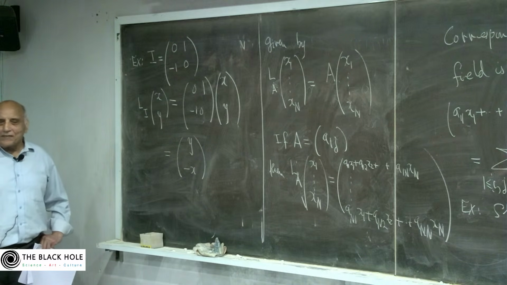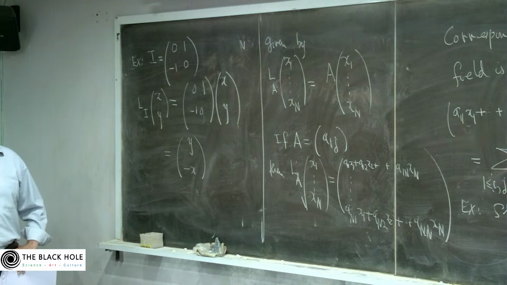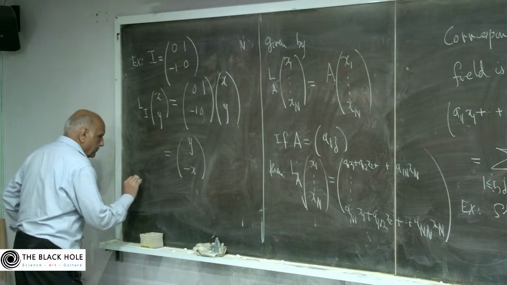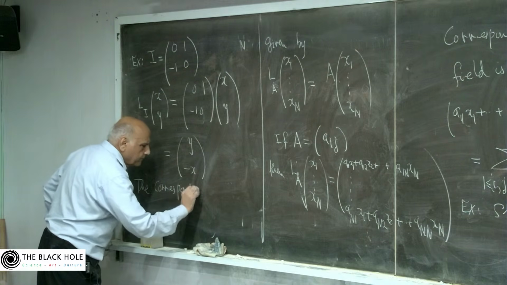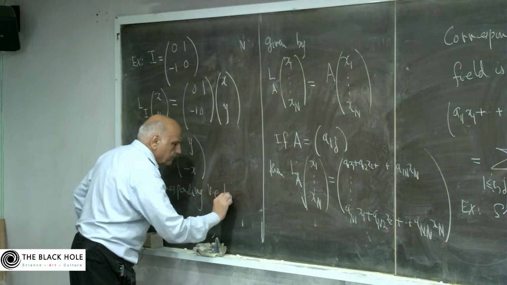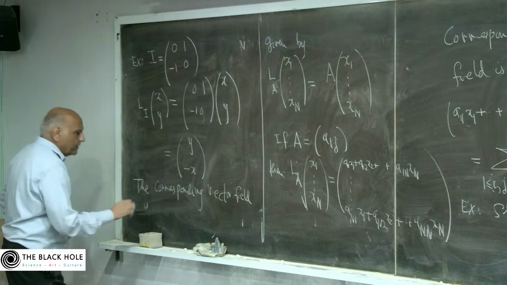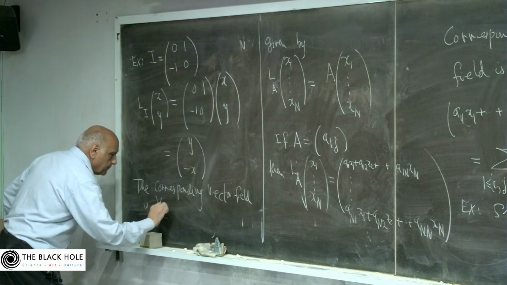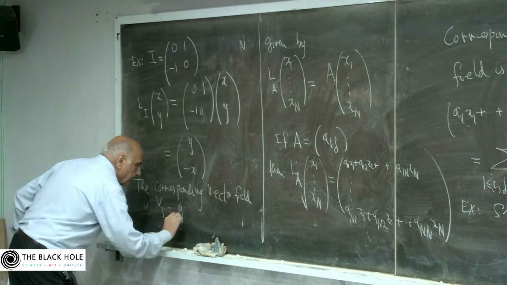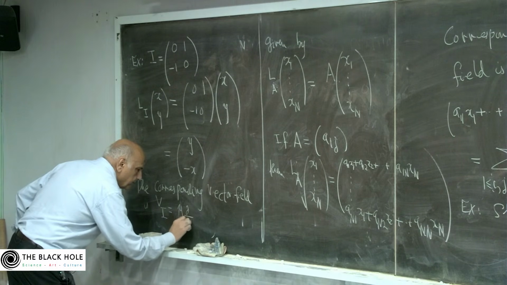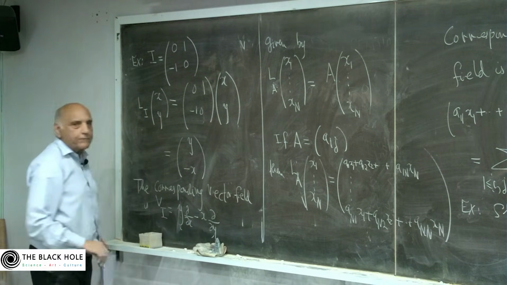The corresponding vector field, let's call it V of I, is y partial by partial x minus x partial by partial y.